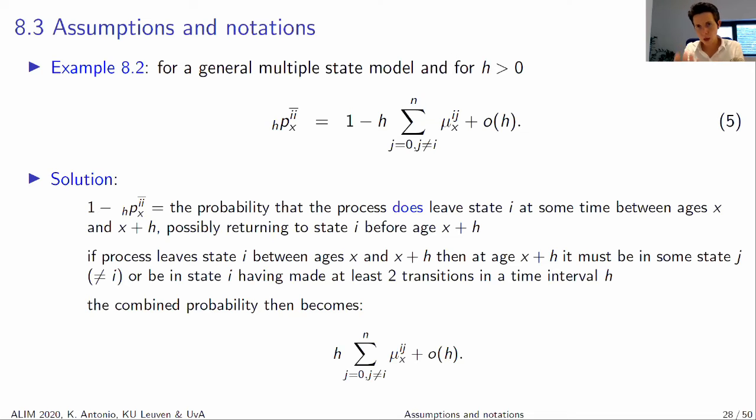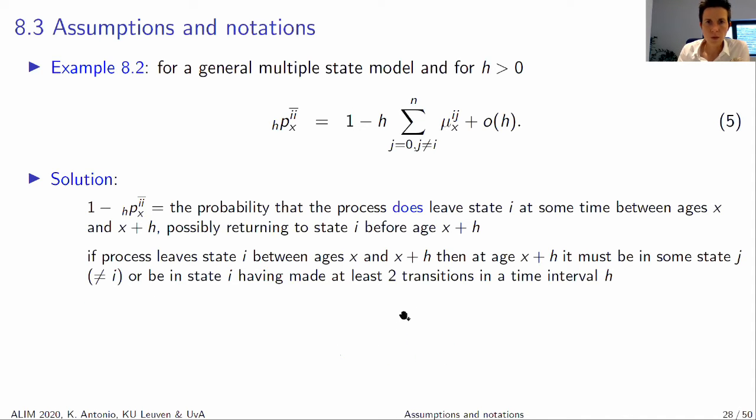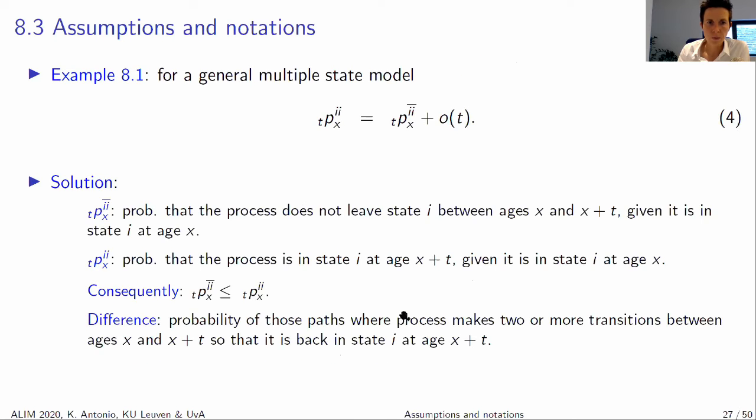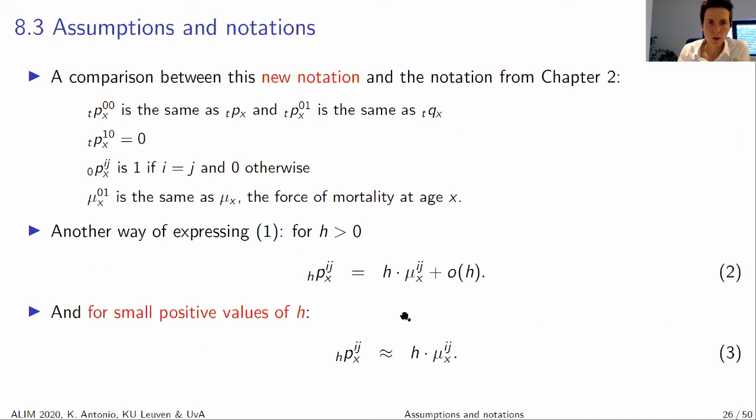But I think if you carefully read this and if you think about it again, then this makes a lot of sense. We're simply using the assumption or the expression that we put together over here, right? So that's my number 3. That's essentially what we're using here for j different from i.